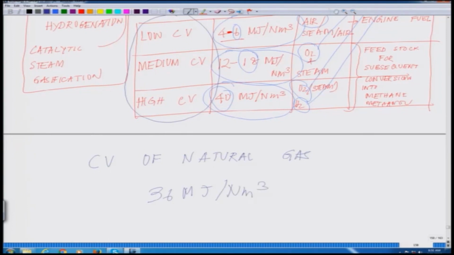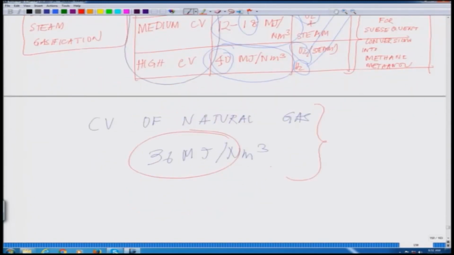Now, you just compare. So, here is the natural gas which is 36, you have 6 low calorific value, I am just taking the higher values. Okay. You have 18 which is medium calorific value, you have the highest calorific value 40 after a lot of expenses in terms of having to have oxygen, hydrogen and likewise, and here is what nature has produced.